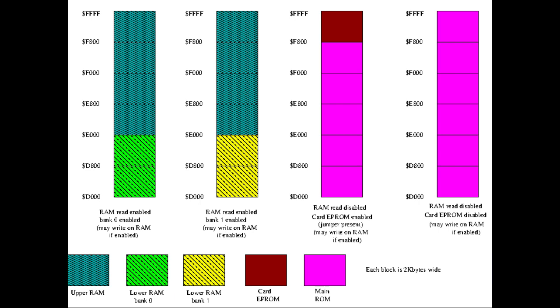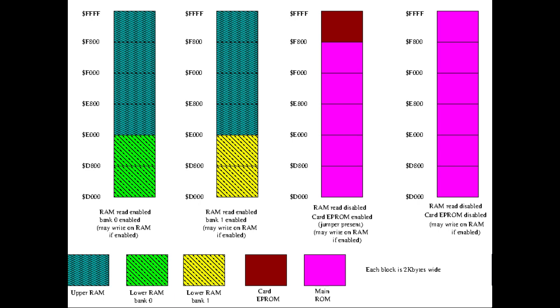The RAM can be write enabled without being read enabled, so we can read from ROM and write to RAM at the same time if we enable the write to the underlying RAM. So the RAM can be enabled in place of the onboard ROM in two different configurations actually.